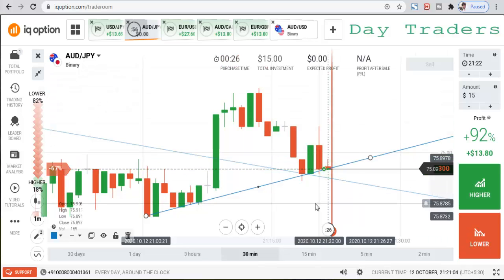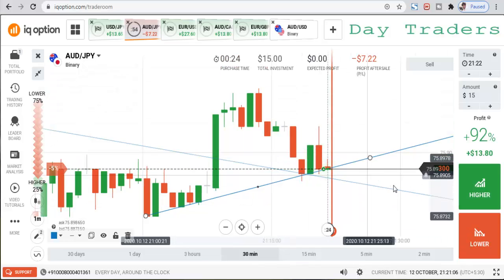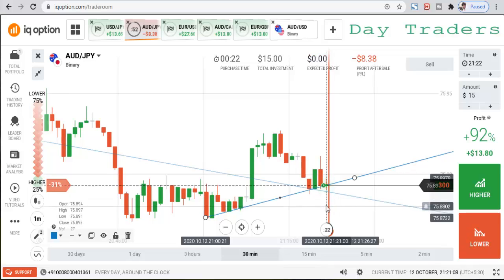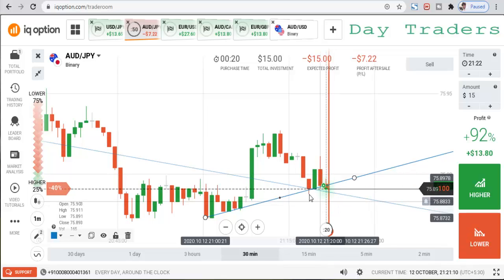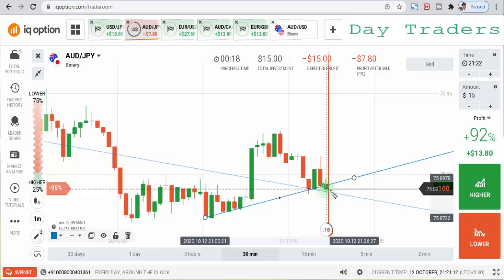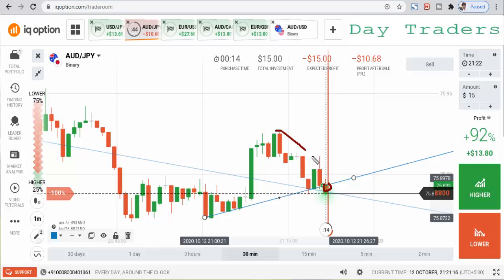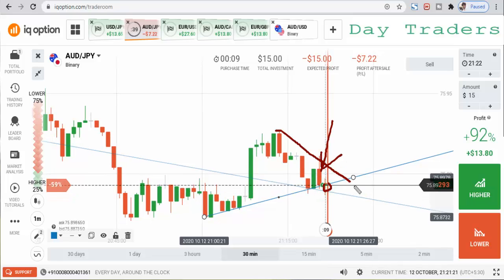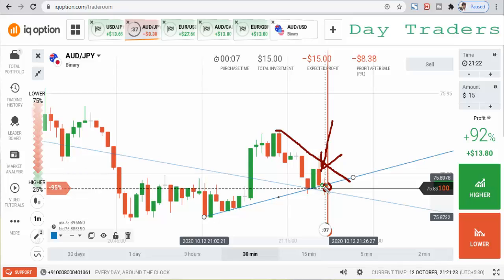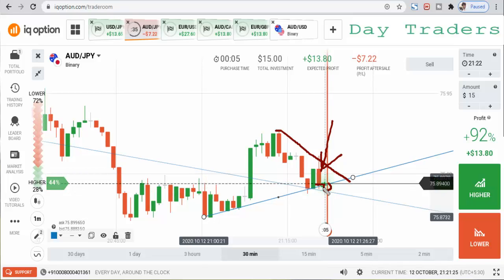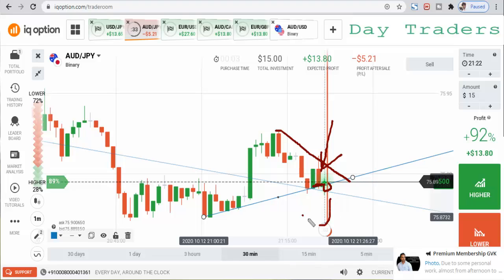Okay, we'll place a higher option. This is a 50-50 chance. And this candle sometimes makes a bearish candle. Why? Because this is a downtrend market after some strong sellers entry. And this candle is still closing at the buyers area. So that's the reason I will place a higher option.